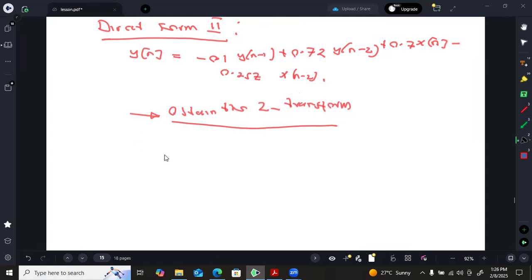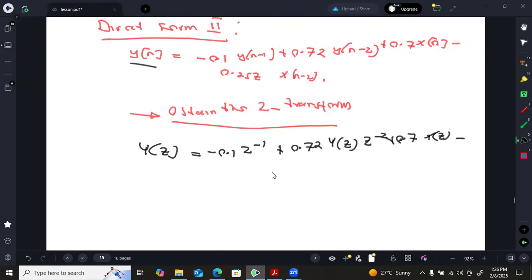Because I have here, starting on this side, Y of z equals minus 0.1 z minus 1 Y of z plus 0.72 z minus 2 Y of z plus 0.7 X of z minus 0.252 z minus 2 X of z.